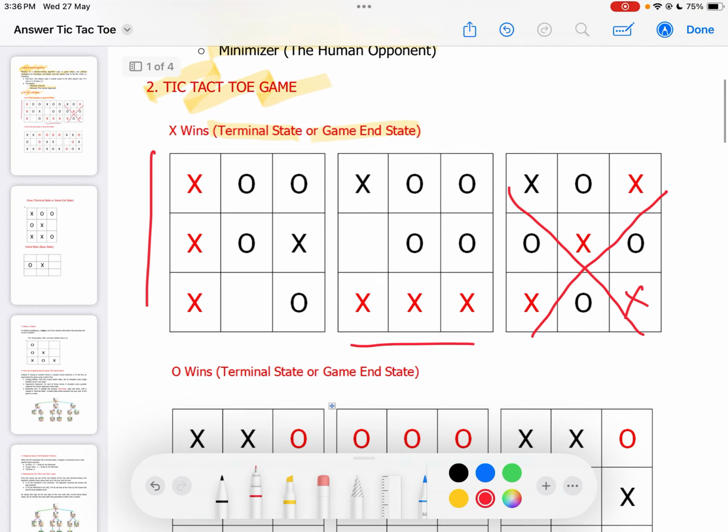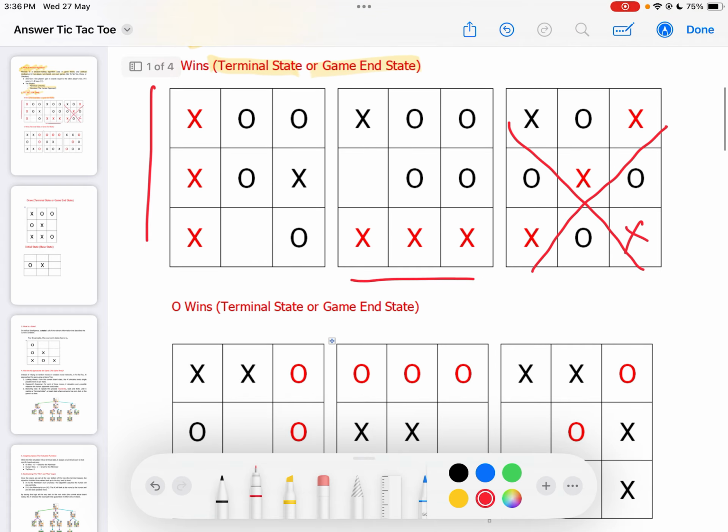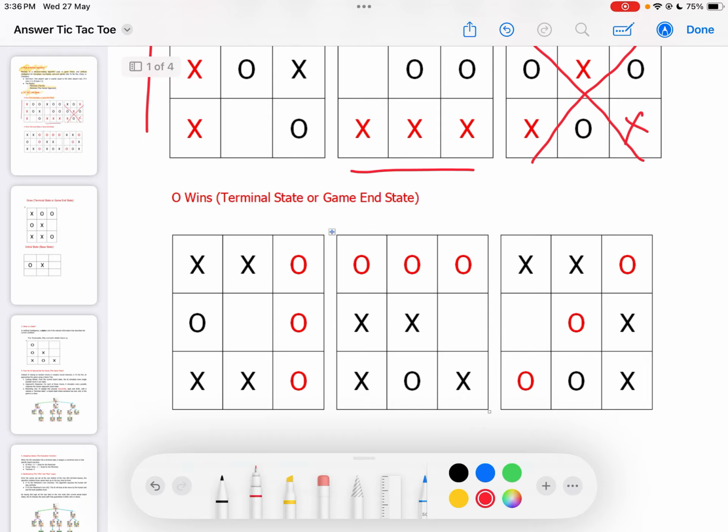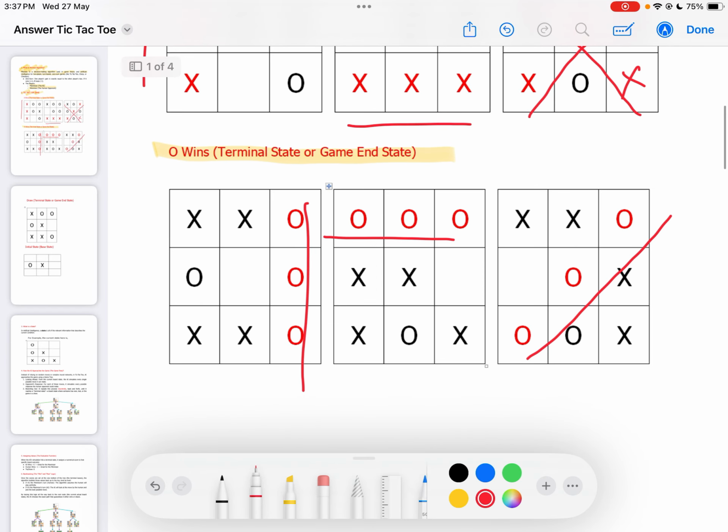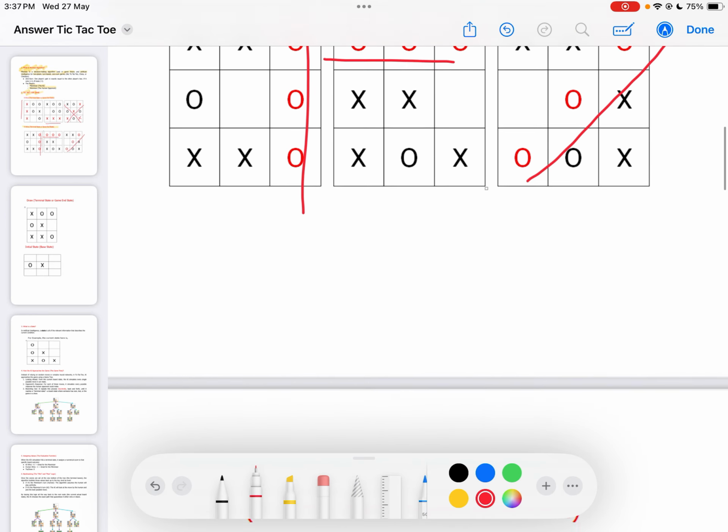This means the AI has won. Second option is player B, that is you. The human is going to win where you are choosing O. Now here also it's either vertical or horizontal or diagonal. If you have three boxes continuously, it's a win for the human.